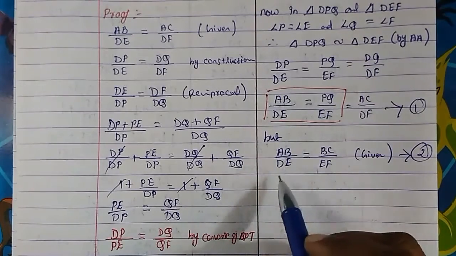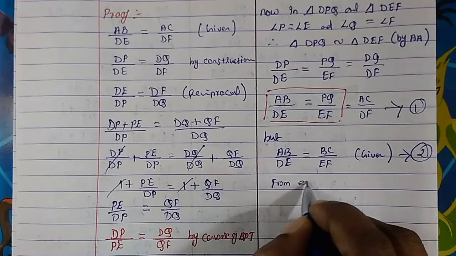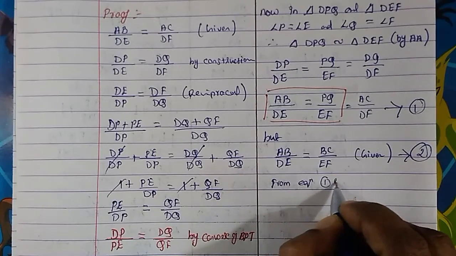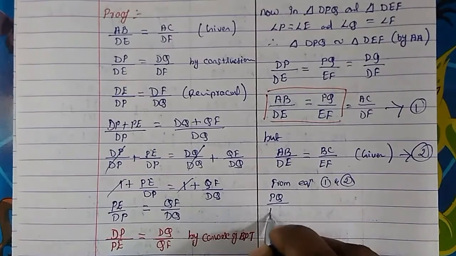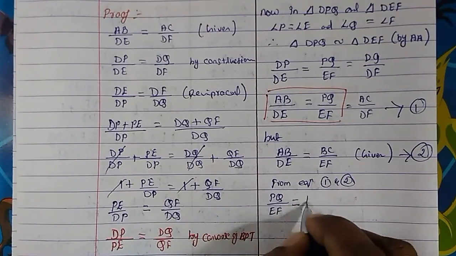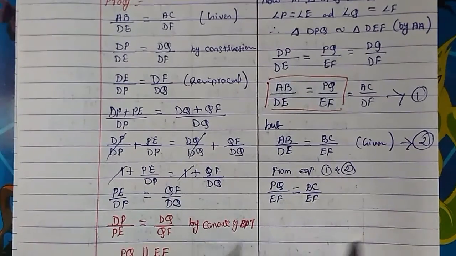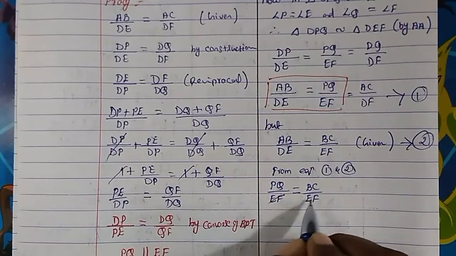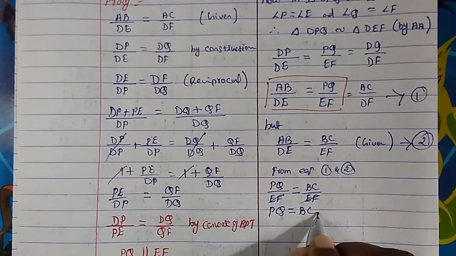So the left side is the same, which means the right side will also be the same. So from equation 1 and 2, PQ upon EF will be equal to BC upon EF. Now both sides have EF, so let's cut it. So we have PQ is equal to BC.